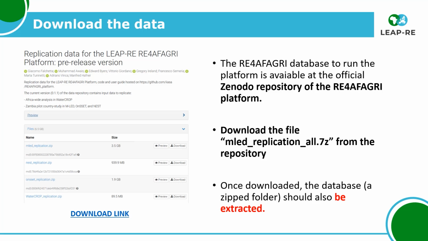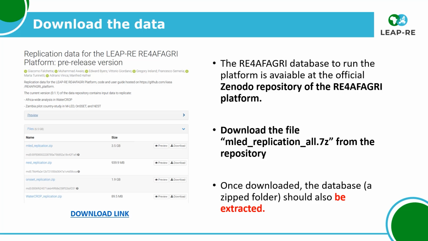These files are quite large as they contain a lot of geospatial information, so I recommend you make sure that you have sufficient storage space on your computer before downloading. You will then download it, and finally, as you did for the compressed folder of the source code, you should also decompress the folder, extract the folder of the data, and take note of where it is.